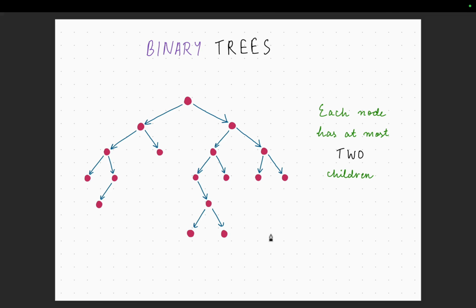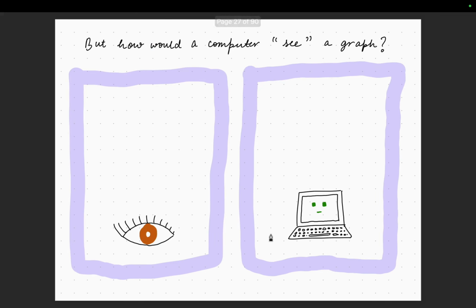So in order to explain to a computer that this vertex is different from this vertex, you would need some sort of a method, some sort of an algorithm or a data structure to store them. The most common one that we use in competitive programming is an adjacency list.